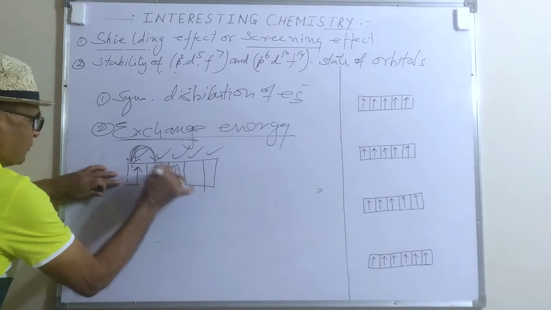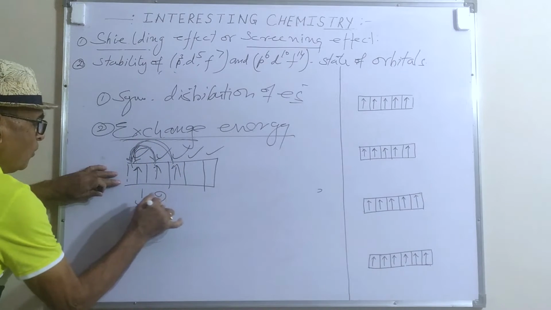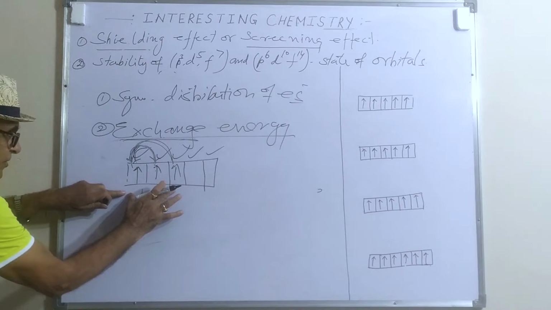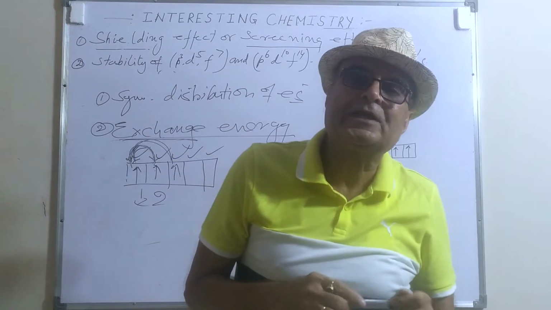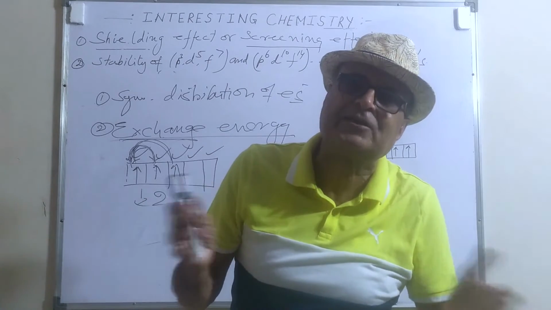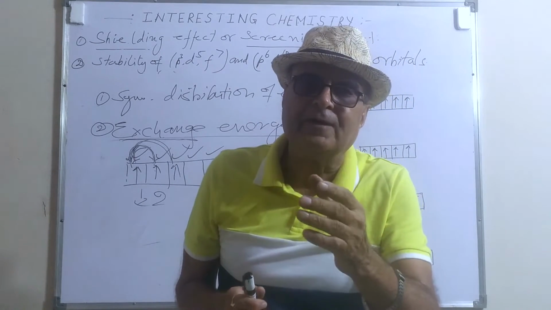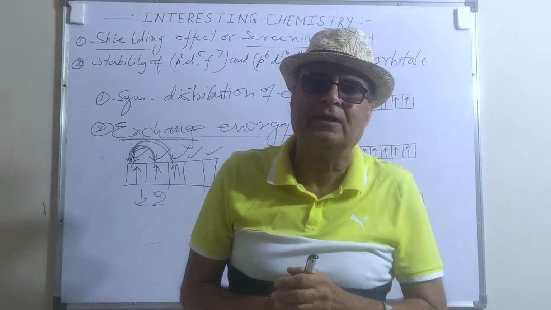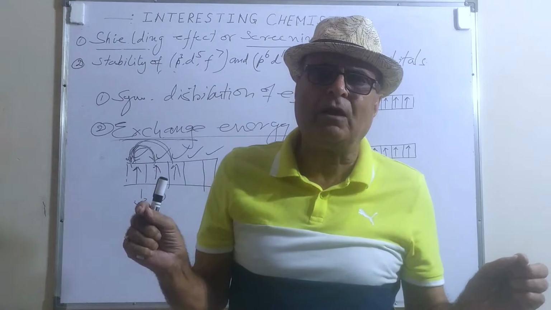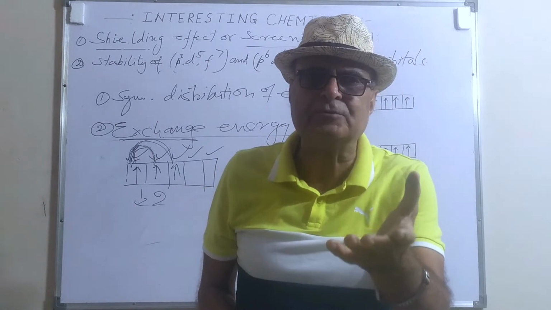Suppose there are three, this electron may go here, so here is two. But in the partially filled orbital, the possibility of exchanging the electron is minimum. But in the half-filled or the full-filled orbital, the possibility of exchanging the electron is maximum.